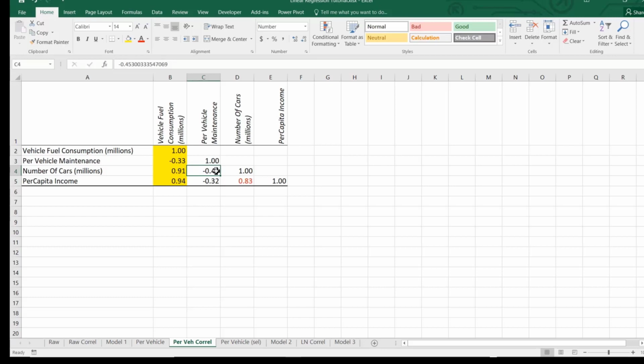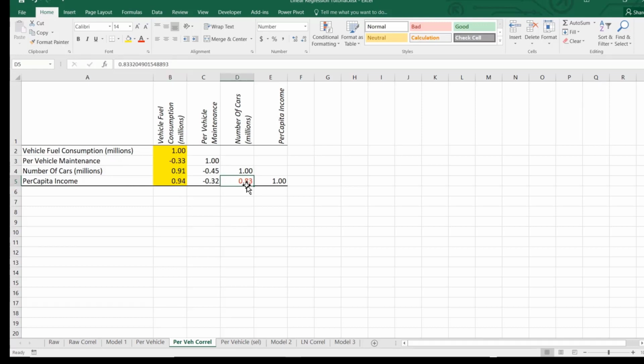Another simple way of handling collinearity is not to include two predictors that are highly correlated. So you choose one but not both. For example, between per capita income and number of cars, I'm better off using per capita income because per capita income is slightly more correlated with the dependent variable than number of cars.